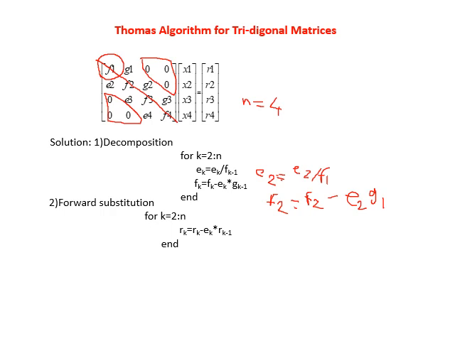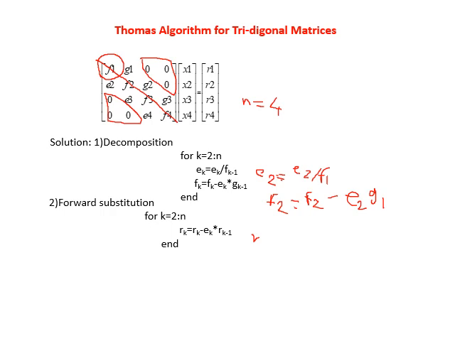Then in the forward substitution, for k running from 2 to n, rk is equal to rk minus ek into rk minus 1. That means when k is equal to 2, 3 and 4, we can write r2 equal to r2 minus e2 into r1.